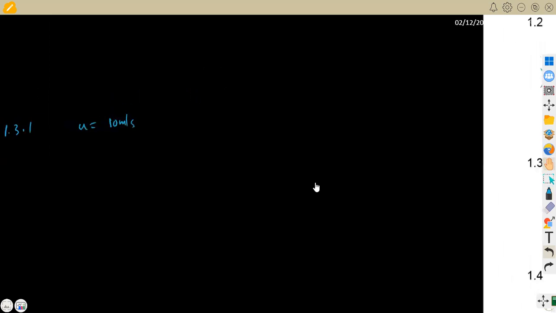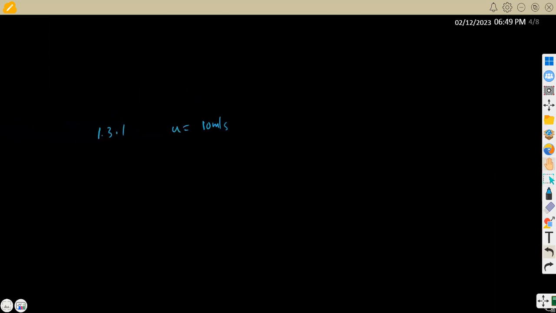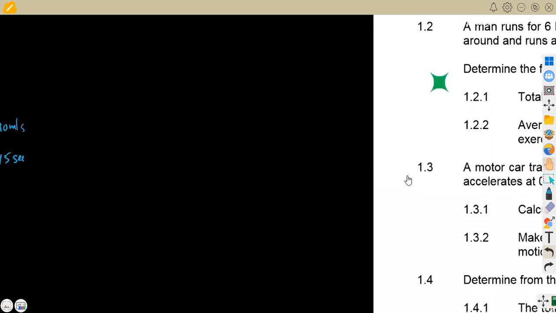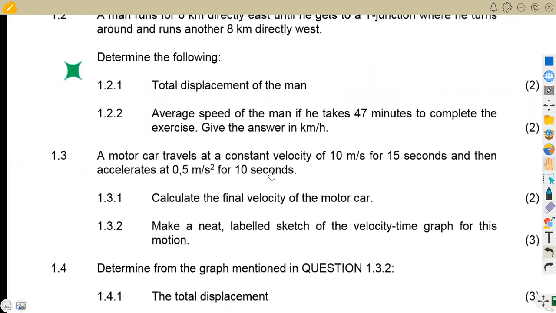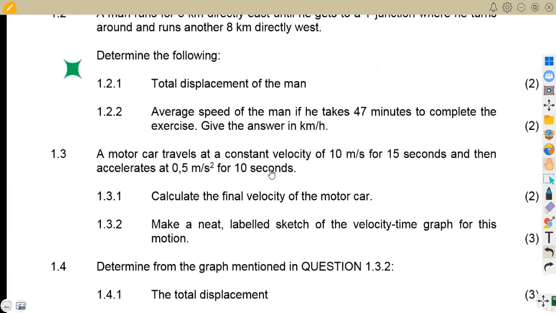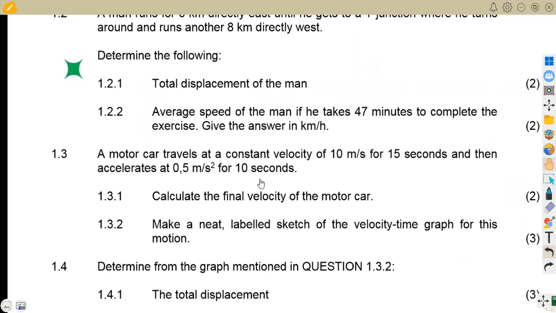So a given time in seconds, that is 15 seconds in this case. Then we are given that it accelerates for 10 seconds, okay?